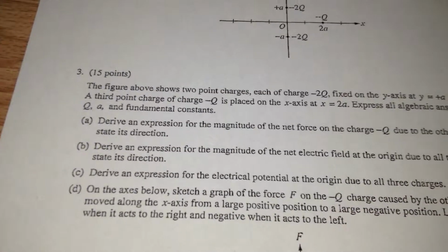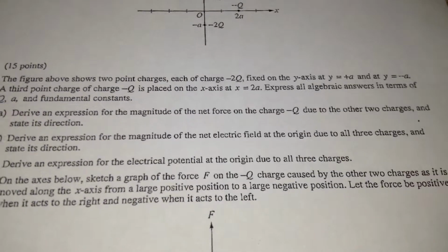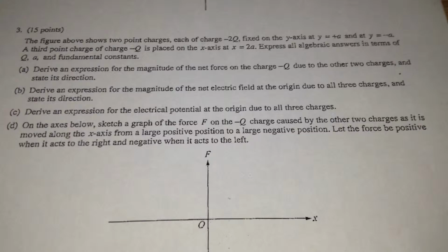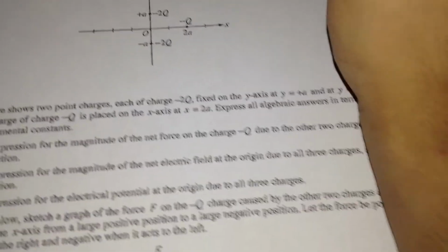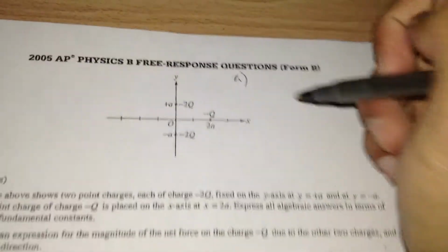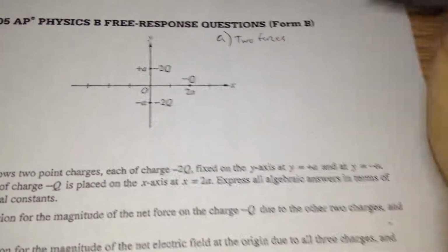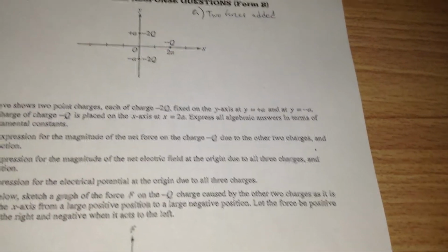So part A says, derive an expression for the magnitude of the net force on the charge negative q due to the other 2 charges, and state its direction. So, part A, I guess we'll put over here. The 2 forces added is the force on negative q.